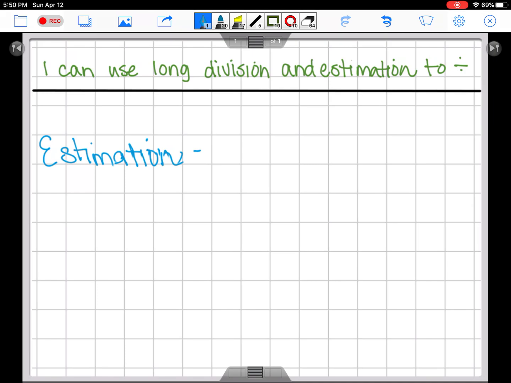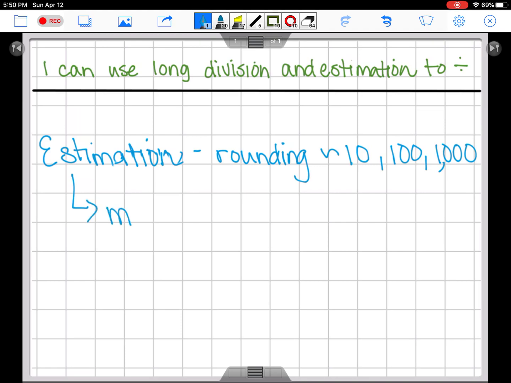Estimation. Perfect. So we're going to use estimation, and we're also going to pair that with using a little bit of multiplication to check our work as we go. When we're estimating in math, that's usually going to mean that we're rounding our numbers. It's important to note that we're often going to be rounding to the nearest 10 or 100 or even 1,000.